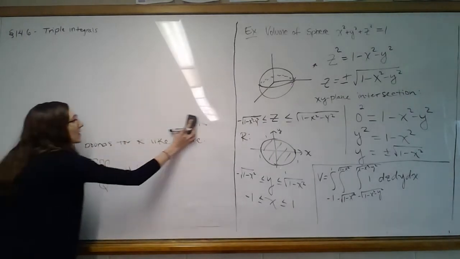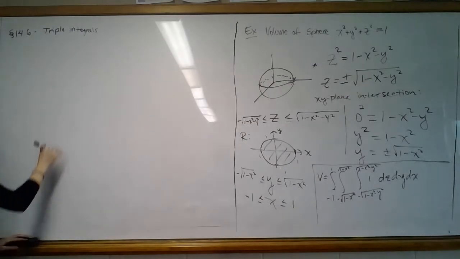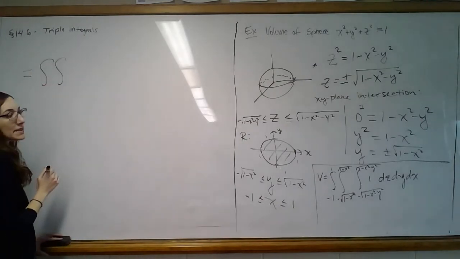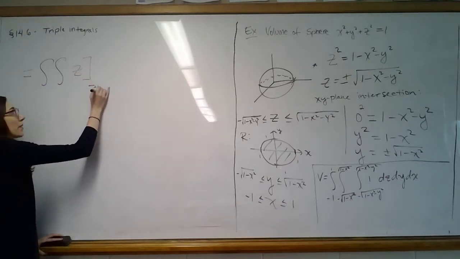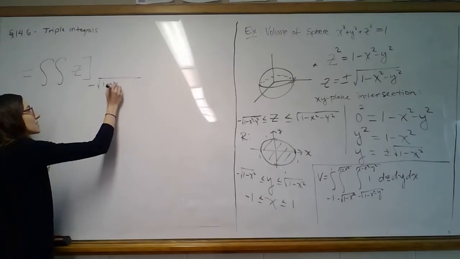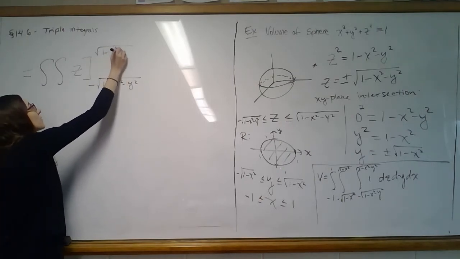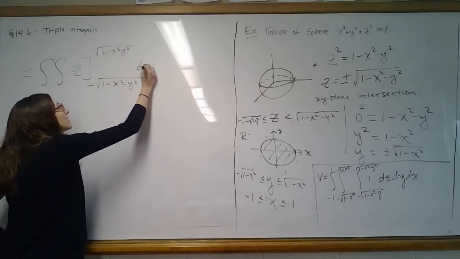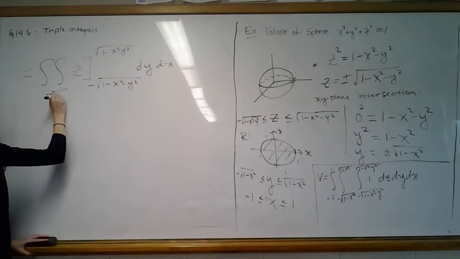So when we integrate 1 with respect to z, we'll have z evaluated on the square root bounds, so negative square root of 1 minus x squared minus y squared to positive square root of 1 minus x squared minus y squared, and then this is still dy dx, and we've still got our bounds here.